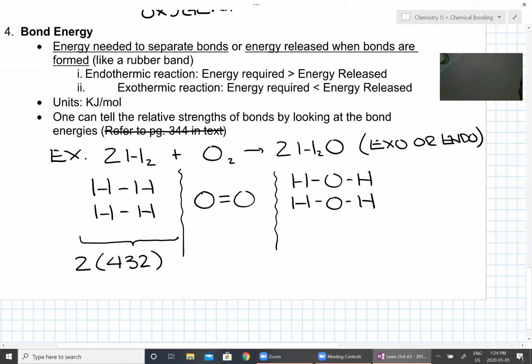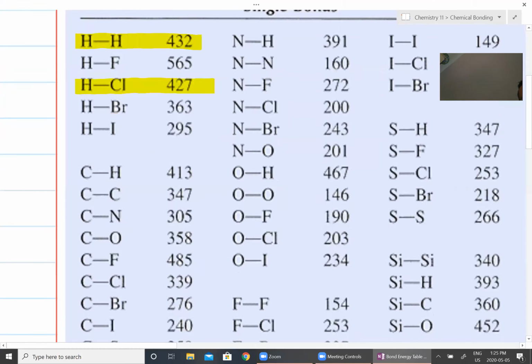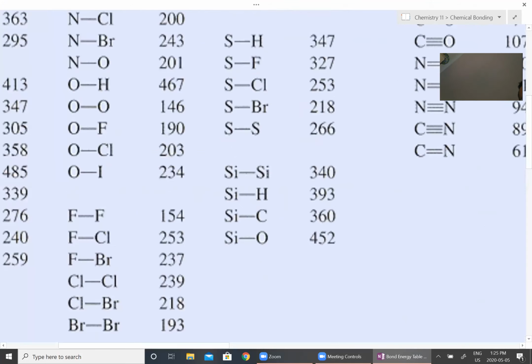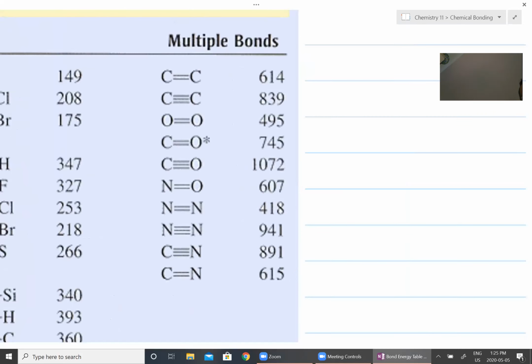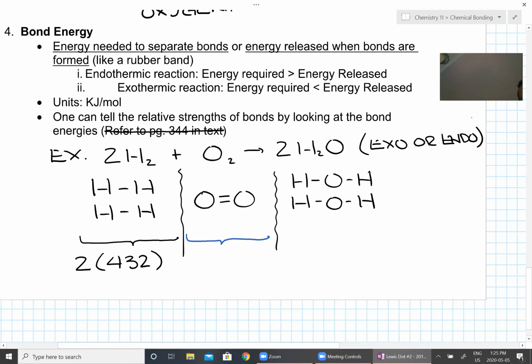Oxygen, I'll do it in a different color. If we take a look at the bond energy, oxygen, O, where's O? There we go. Right here, 495. So here it's 1 times 495.